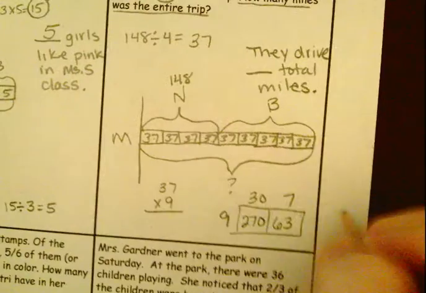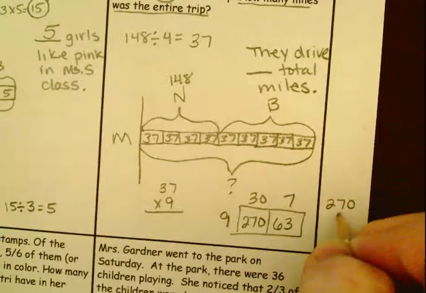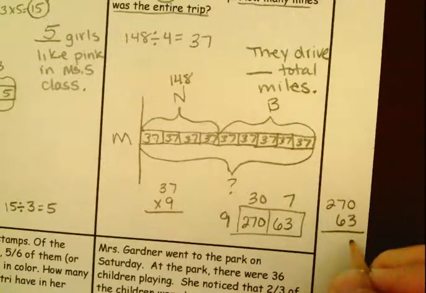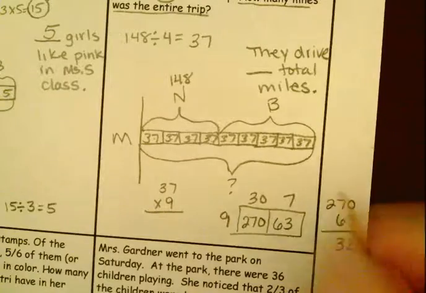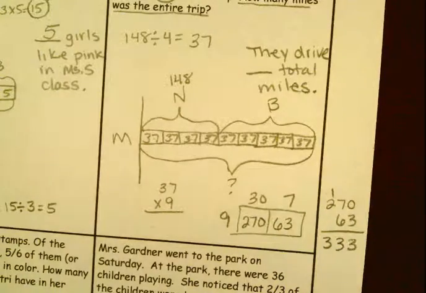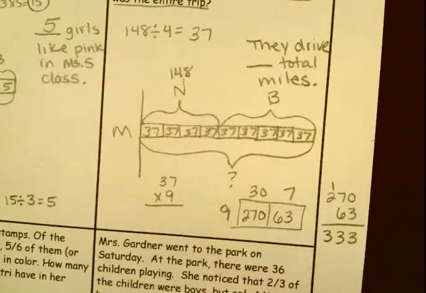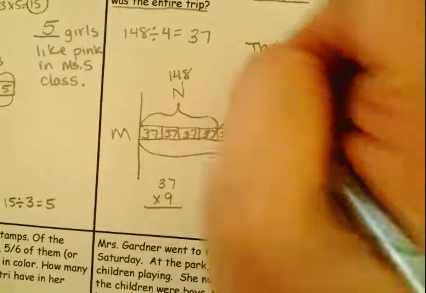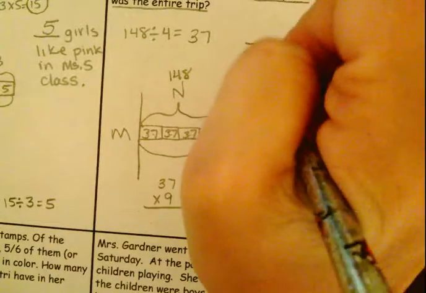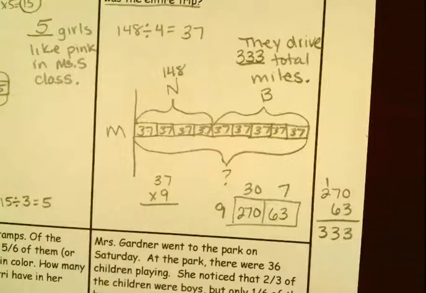So I'm then going to do 270 plus that 63. Ooh, they drove 333 miles together. So that was my total amount of miles in the trip.